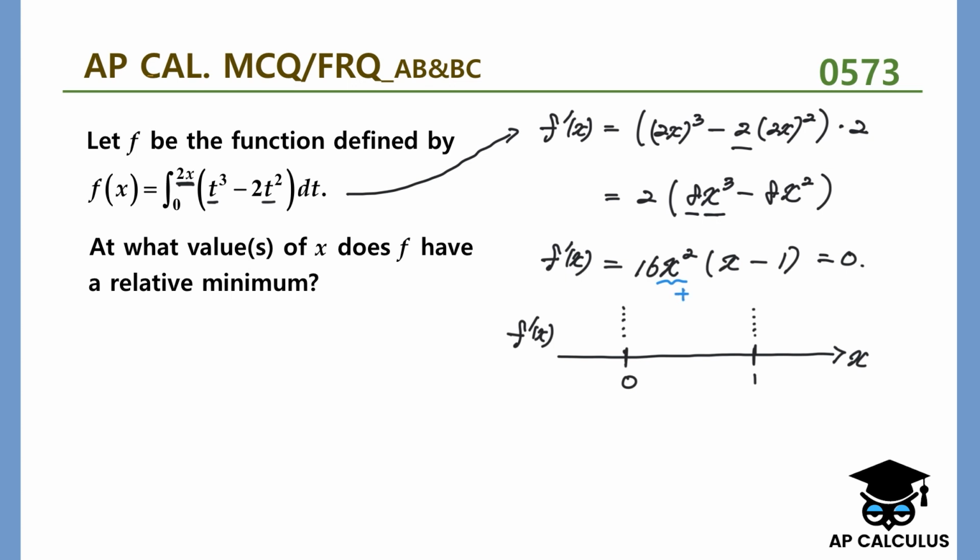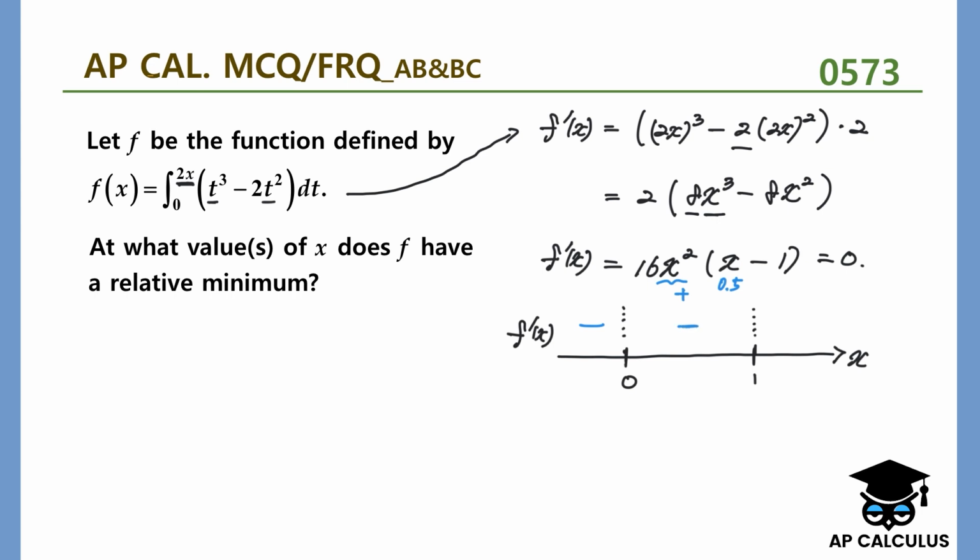So if we substitute -1 here, then that's going to be -1 minus 1, -2. Negative, right? So here we have negative. If we substitute a value between 0 and 1, probably 0.5, that's going to be also negative, right? So here we have negative.